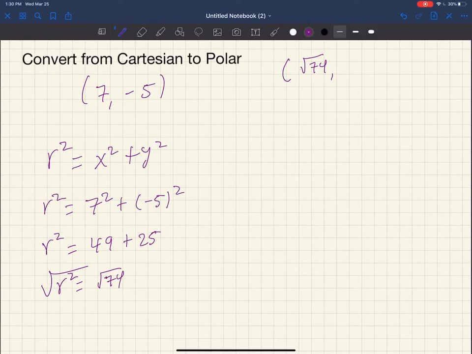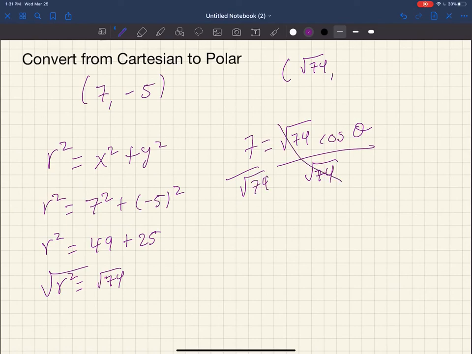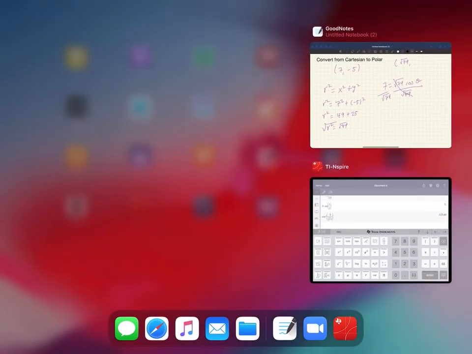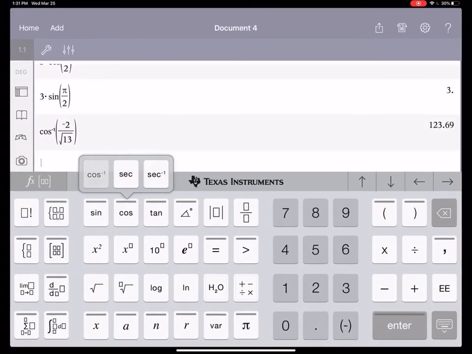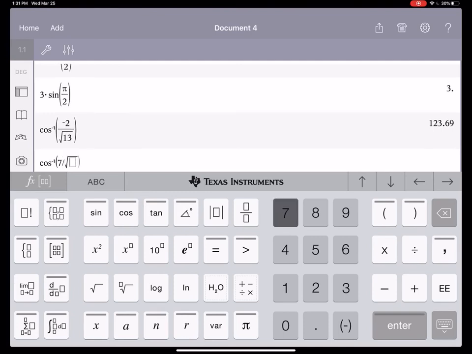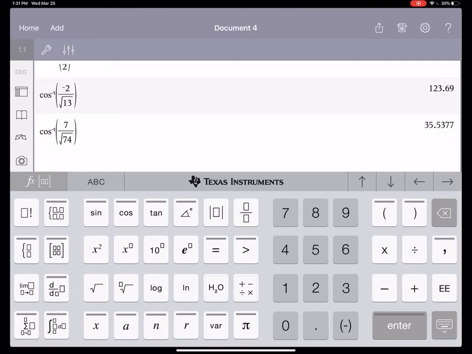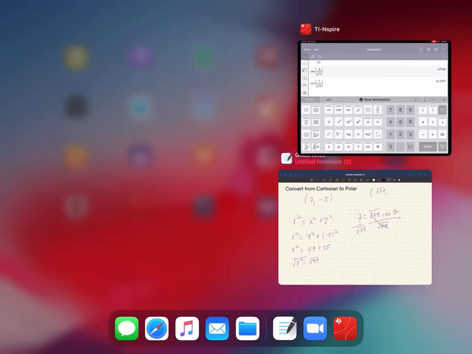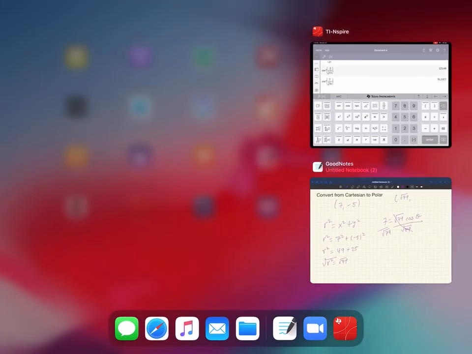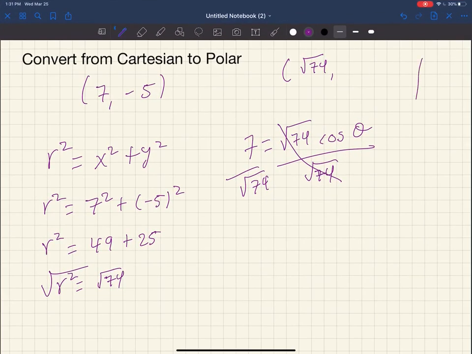So 7 equals square root of 74 times the cosine of theta, divide both sides by the square root of 74. Find the inverse cosine of 7 over the square root of 74. We get 35.53. But remember, we are in quadrant 4, because x is positive, y is negative.